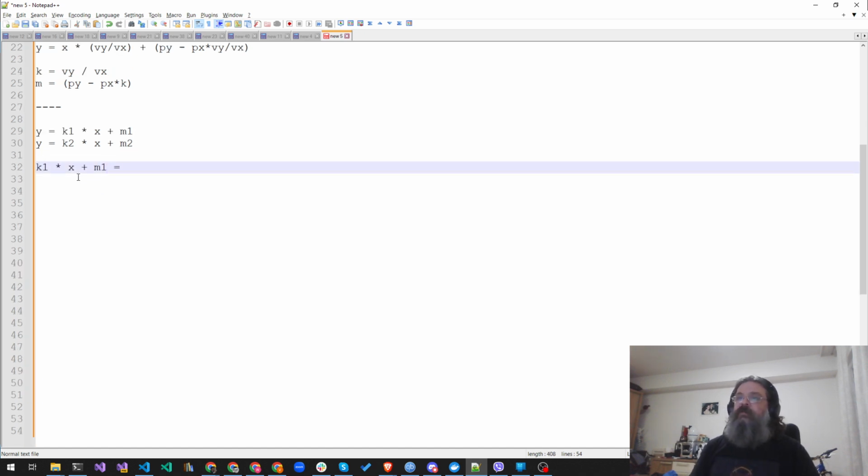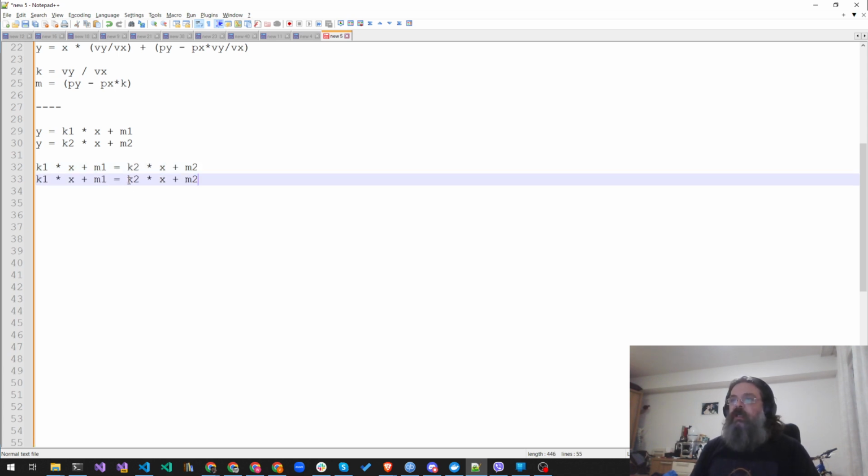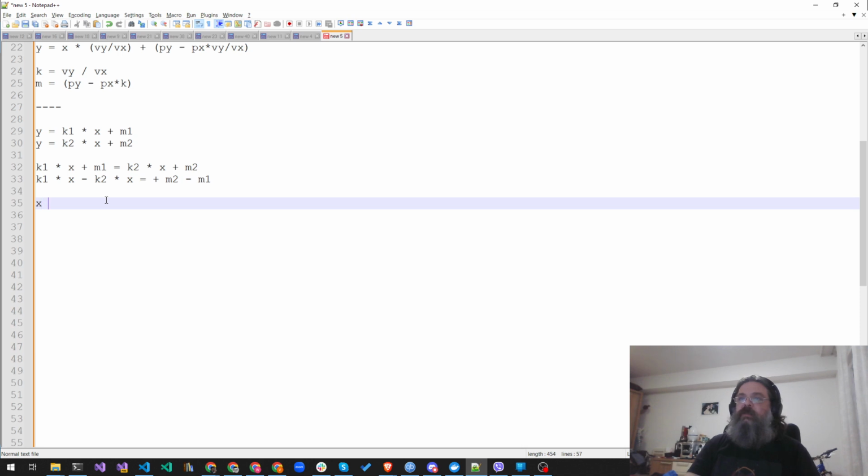So that means this needs to be equal to this, which means that we need to take this to the other side and that m1 to this side. So we're taking this here and it becomes negative, and we're taking this here and it becomes negative, and we can take x in front of this, so it's x times k1 minus k2 is equal to minus m1 minus m2.